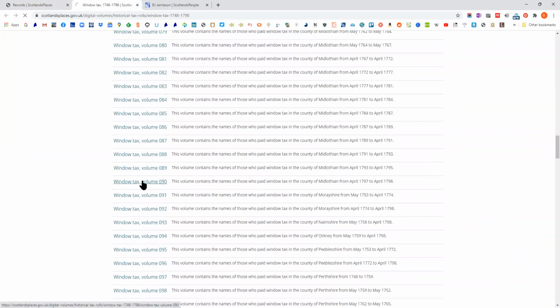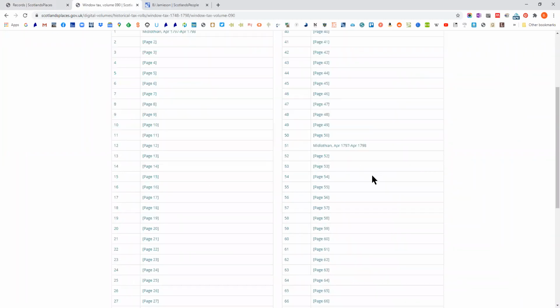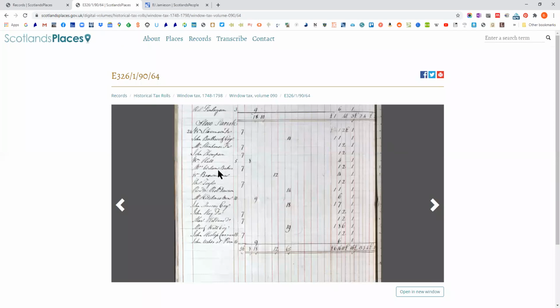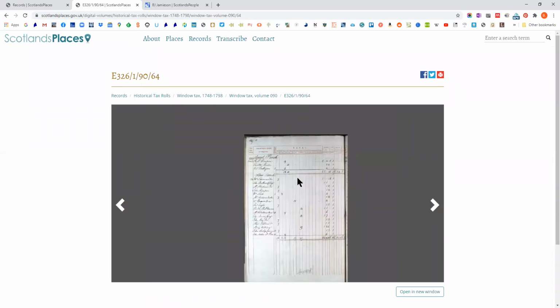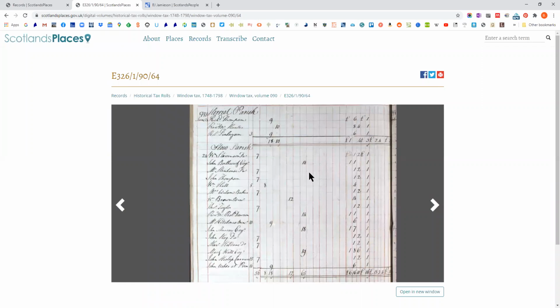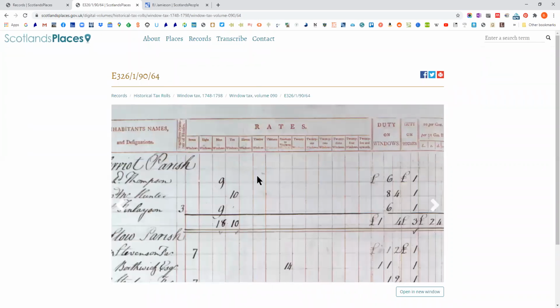So if we click here and choose a somewhat random page, you get, again, the scroll on this, so again, we've got Stowe Parish, and you've got the name of the person and the number of windows, and then how much they would have. So here you have the people who have 9 windows, the people with 10, and then here's the tax they're paying. It's the duty on their windows and on the house.